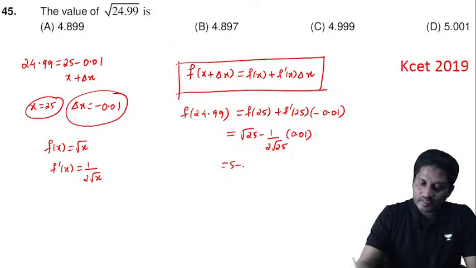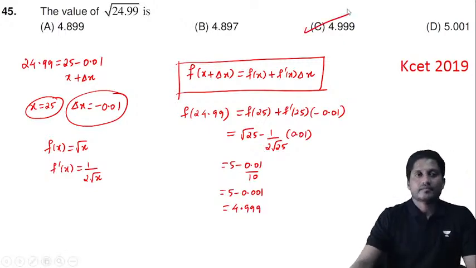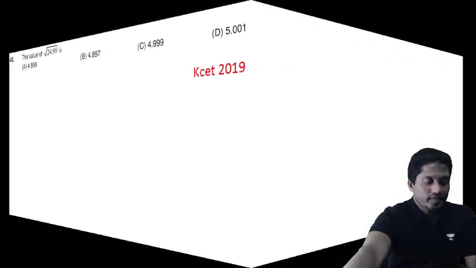This is 5 minus 0.01 upon 10. This is 5 minus 0.001, which is equal to 4.999. Answer is option C. Alright, let's move to the next question.